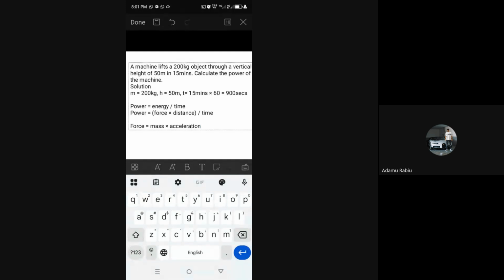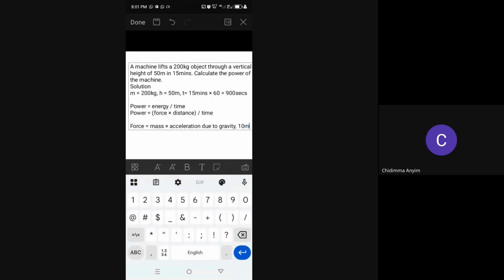Any vertical motion, that is, if you are dealing with a motion that is up or down, is under the influence of gravity. So the acceleration will be acceleration due to gravity, which is usually 10 meters per second square. You know it's a constant, right? Acceleration due to gravity is approximately 10 meters per second square.